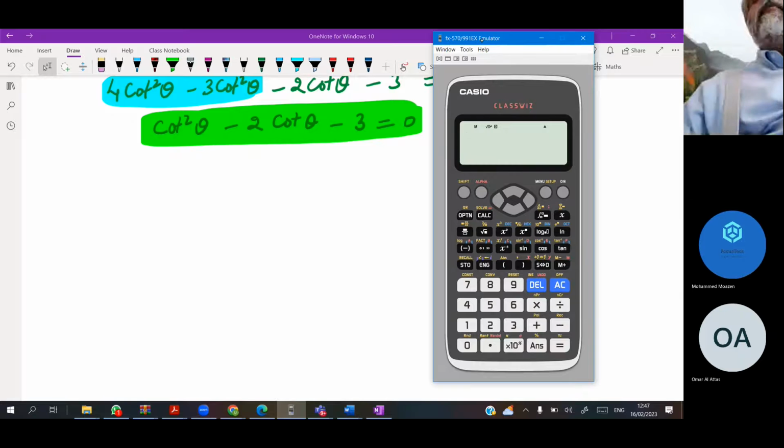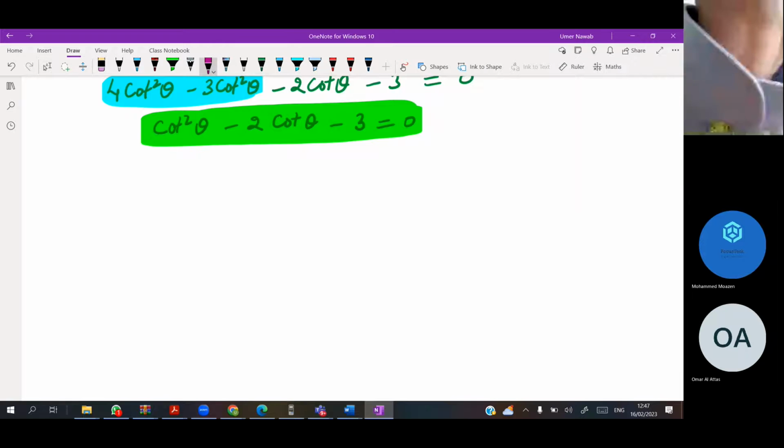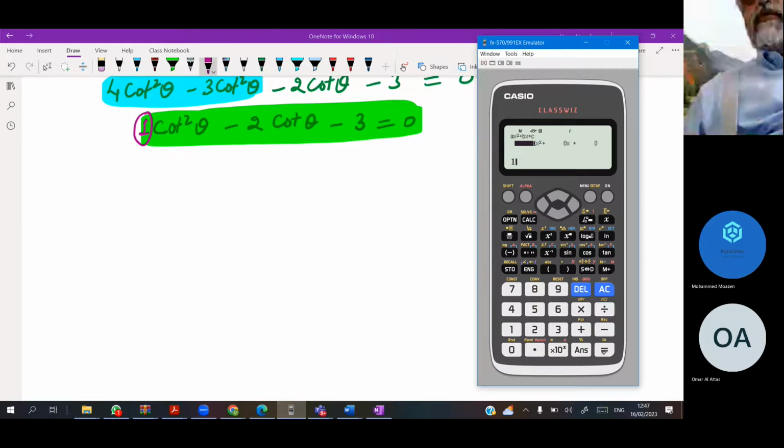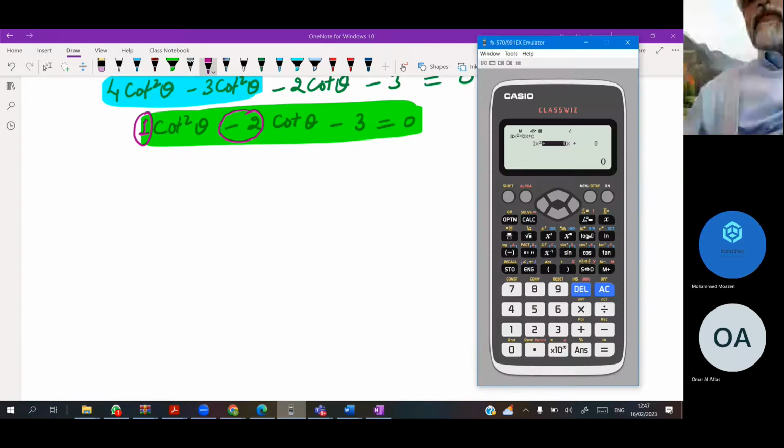Now I need to make sure my calculator is in degree mode, and I have to go to the equations, polynomials. I want to solve like a quadratic equation. Okay, the coefficient of cot squared is 1. Enter 1. The cot theta coefficient is -2.